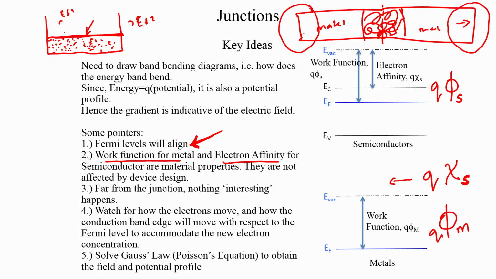Very far away from the junction, the material could be said to live in its own world and retain the properties that it had if it were in equilibrium. If the entire system is in equilibrium, then the material really does not see any change, and very far from the junction nothing interesting happens.